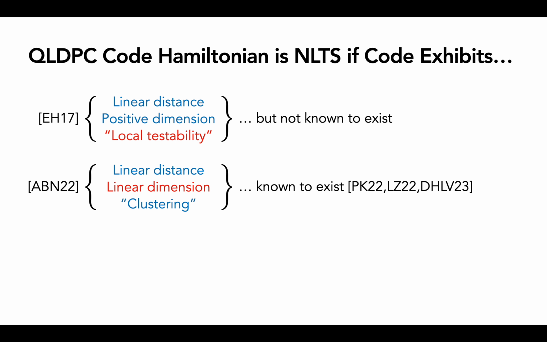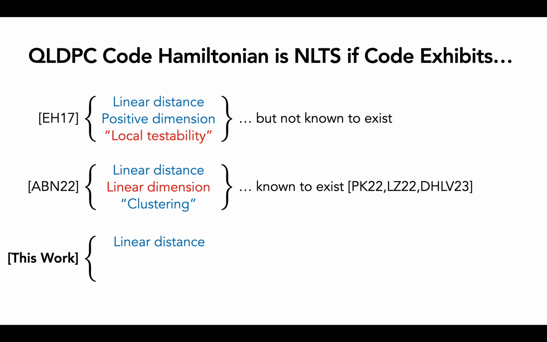And essentially all the previously known asymptotically good quantum LDPC constructions satisfied these three properties. However, I will note here that this linear dimension requirement of the ABN paper is stronger than the positive dimension requirement of the Elder-Harrow paper.